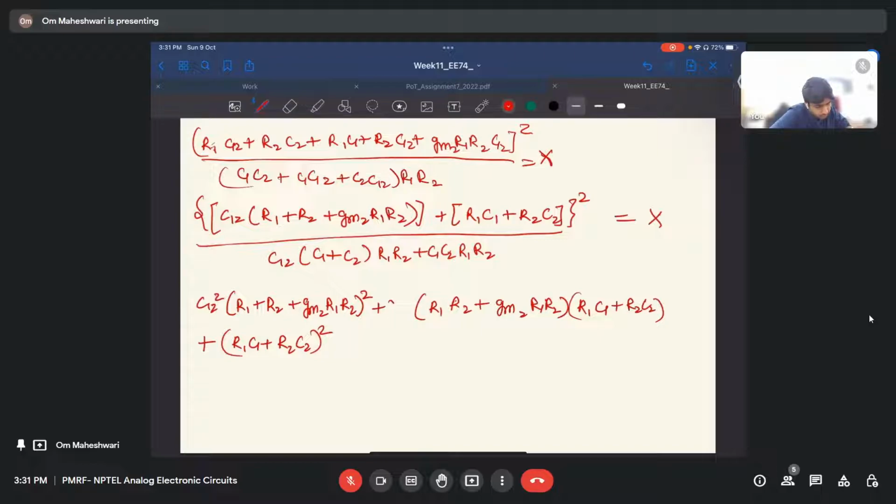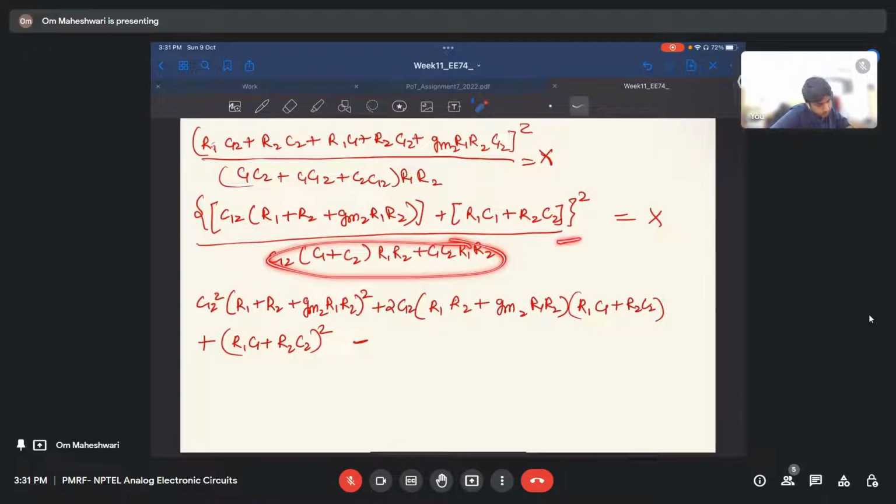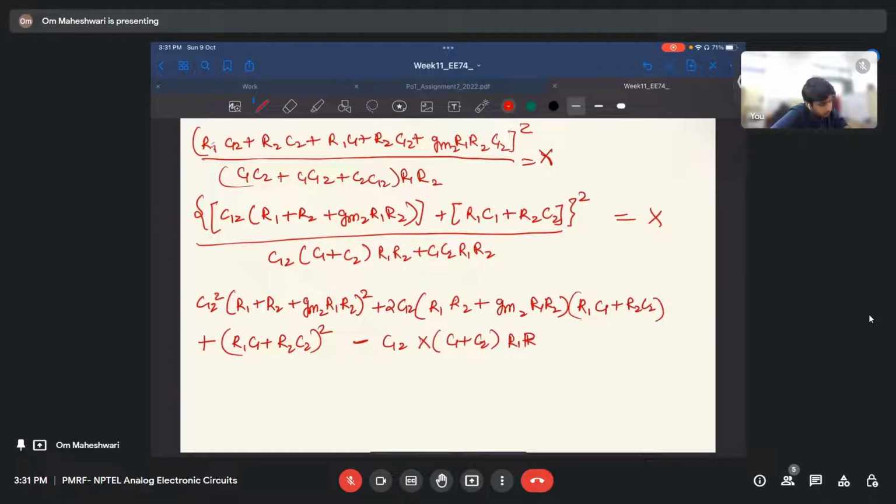Minus, so this will multiply with this and will come here in minus terms: minus C12 x times (C1 plus C2) R1 R2, minus x times C1 C2 R1 R2 equals 0. Let me reshuffle it properly.